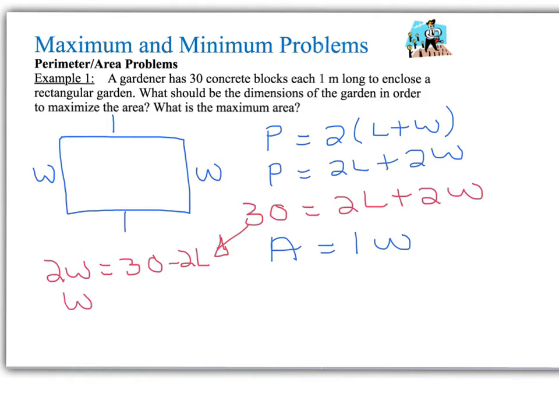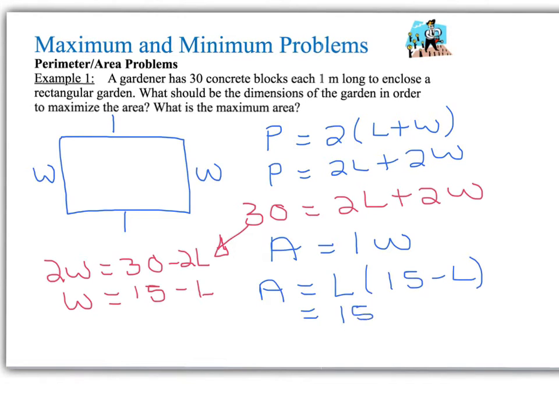Now we will isolate W by dividing both sides by 2. So we get that the width is equal to 15 minus the length. We can now substitute the width into our area formula. So we can write area is equal to the length times the width, which is 15 minus the length.